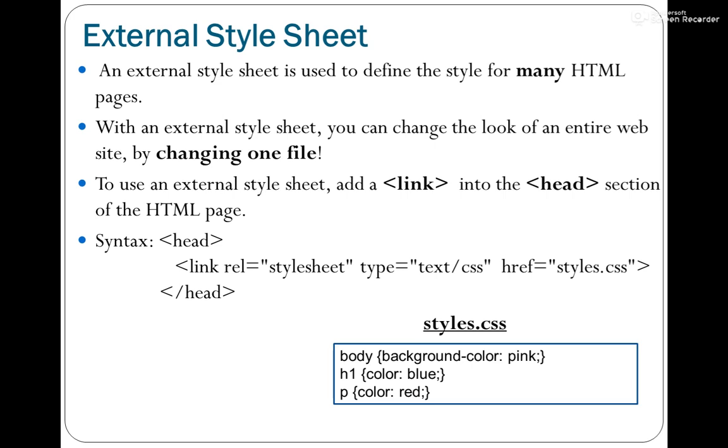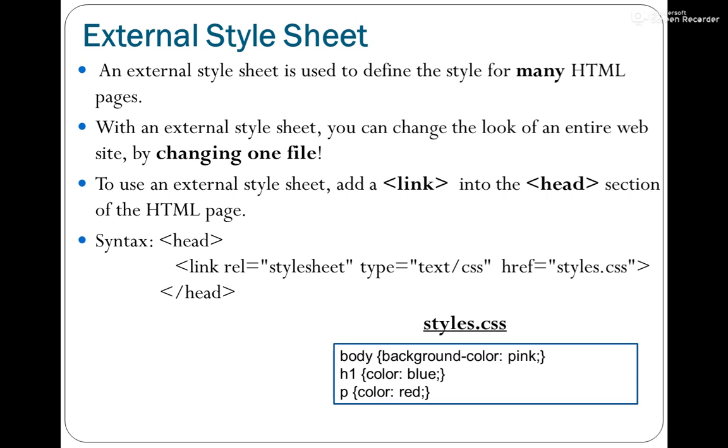In the syntax given below, you can see in the head tag there is a link tag, and in this link tag the first attribute is rel. It is the relationship, means the file you are linking has what type of relationship with your HTML page. Obviously we are maintaining a separate style sheet file, so it is a stylesheet, right?